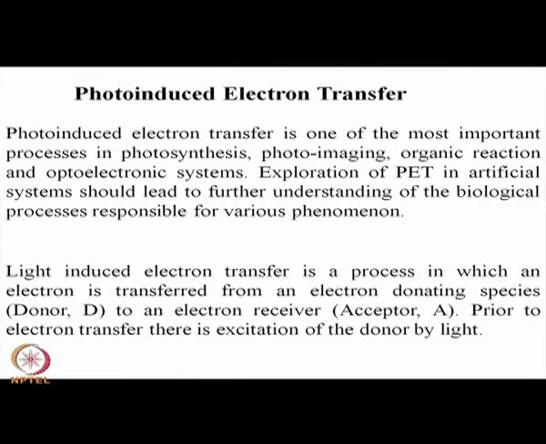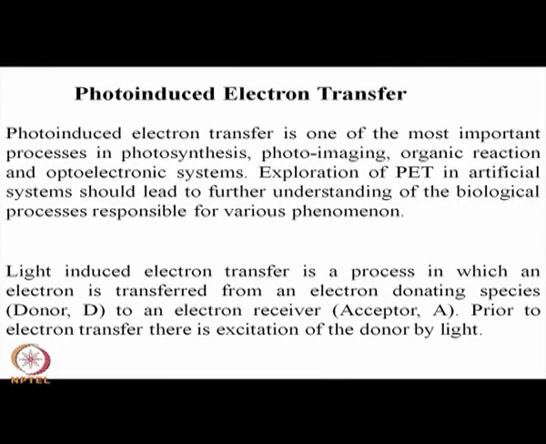Now, photo-induced electron transfer does not happen in the ground state. You need to have a photo-excited system, and when it is excited, various reactions may take place. That is called photo-induced processes. Energy transfer, which we just finished, is also a photo-induced process, because you excite your donor and then energy is transferred.